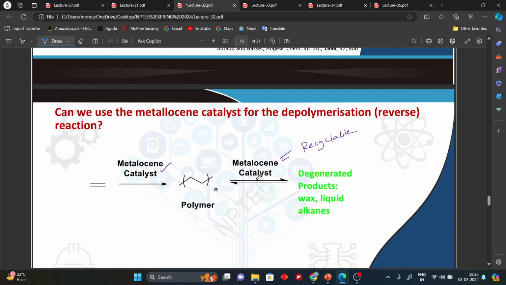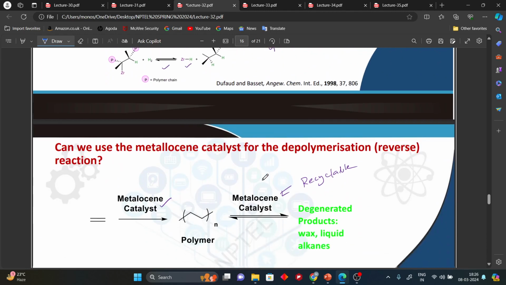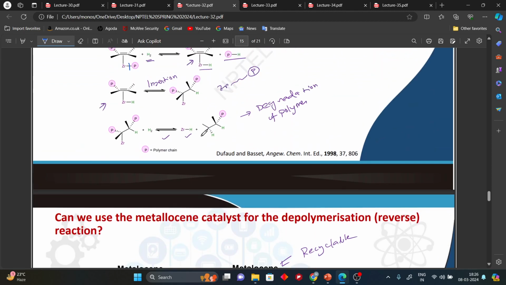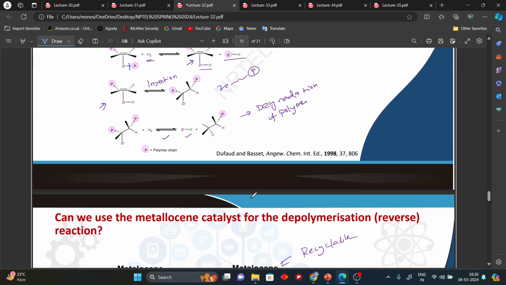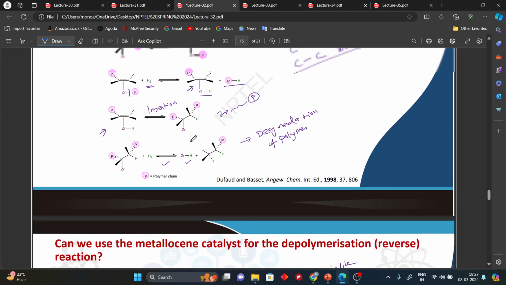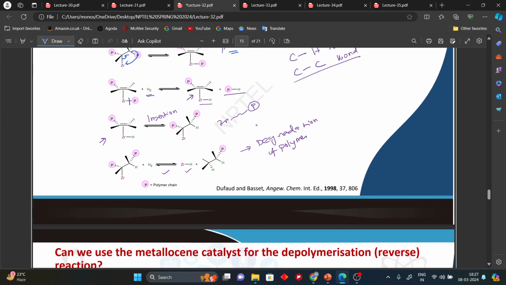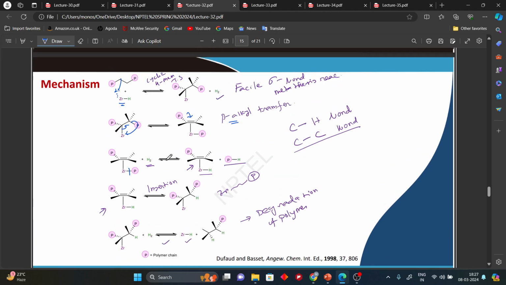So that's the way to actually recycle your material, because in that way you are leaving the polymerization and again you are going close to the polymerization. So in that way you can say this process is microscopic reversibility, because in polymerization we are making polymer by attaching one unit after another, and with this zirconium based system it is actually doing the reverse.